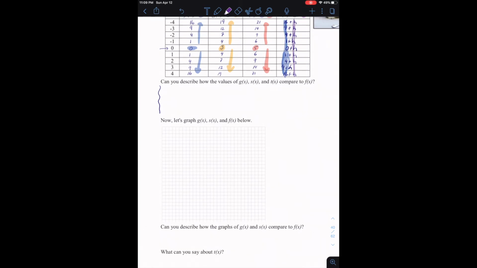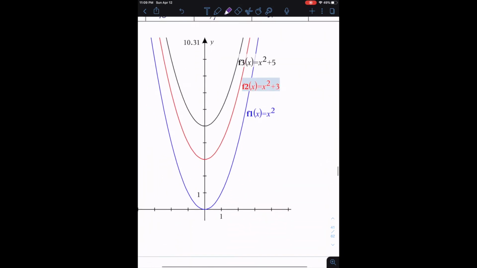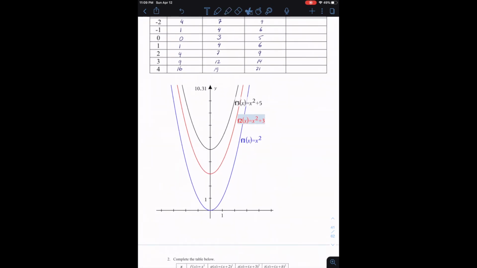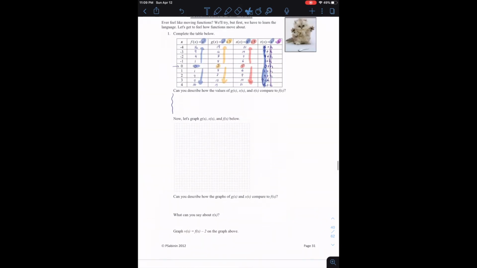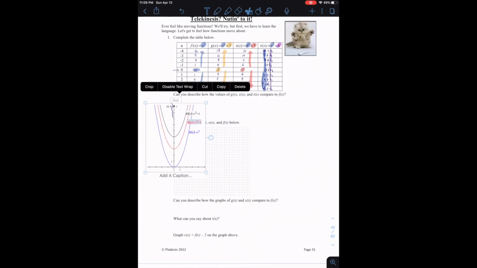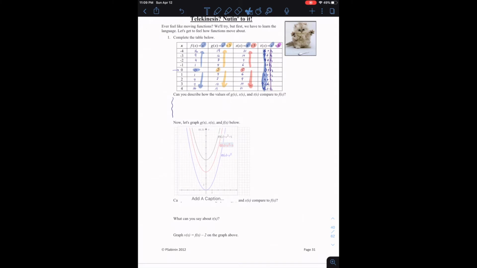When we look at graphs, we can use technology to graph it. Go ahead and use your calculator or go online. It's up to you. I've done this already, and I have created a graph for the three functions that we're talking about. And here they are.